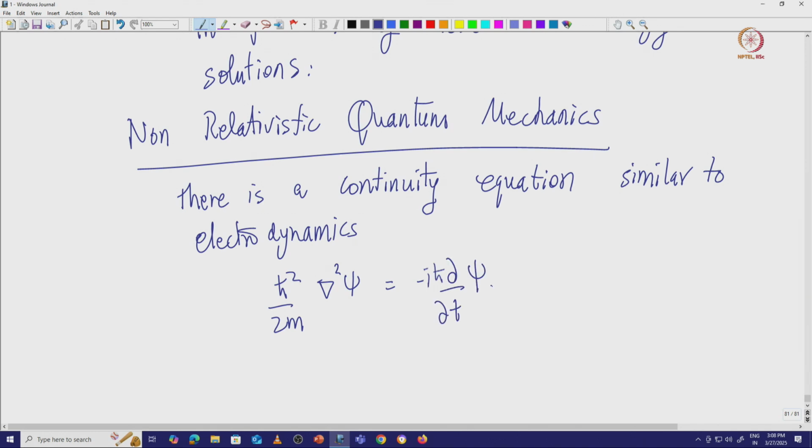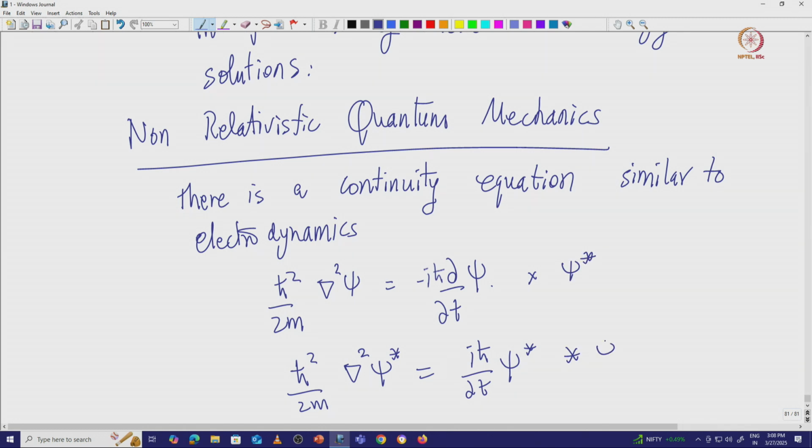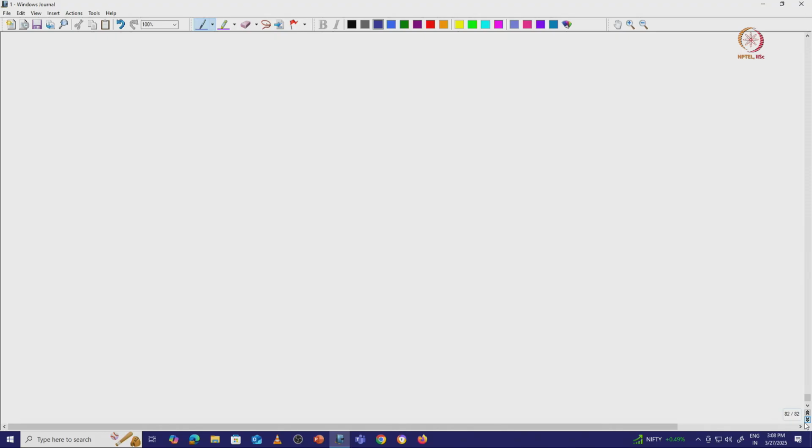Now you can write the equation for psi star, which gives h cross square by 2m del square psi star is equal to i h cross del by del t psi star. You can multiply the first with psi star and the second with psi, and that gives something called the continuity equation.